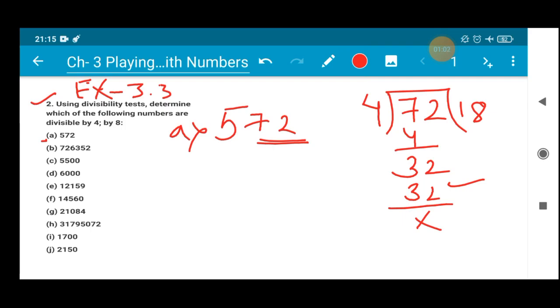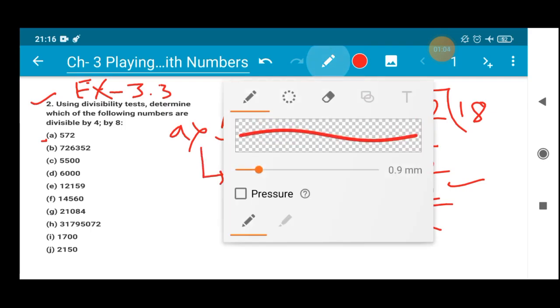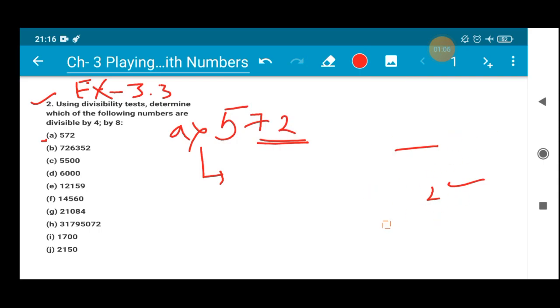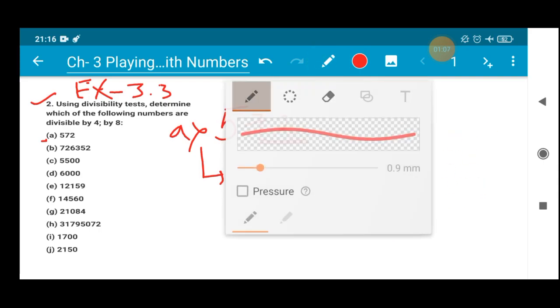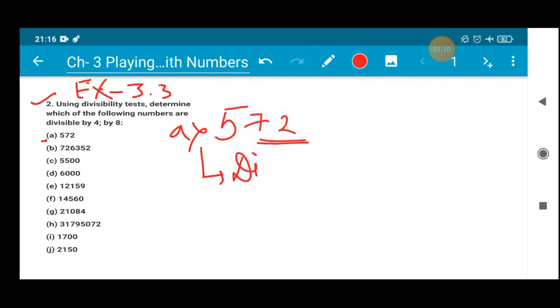So you can write here, yes, it is divisible by 4. Now, next, they have said only by 4 and 8, so this number is divisible by 4.